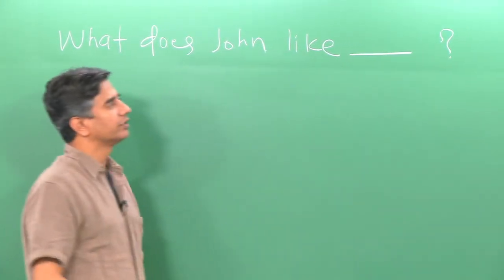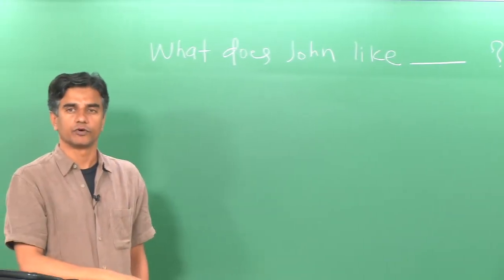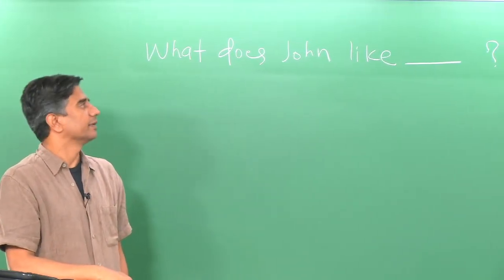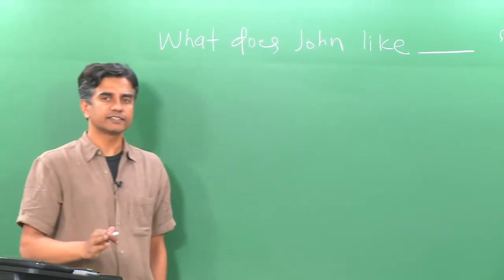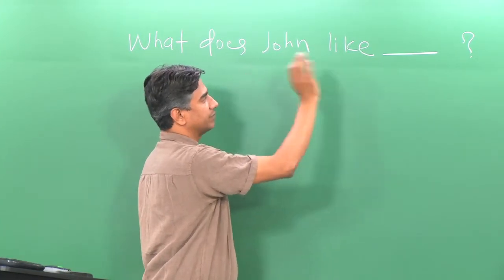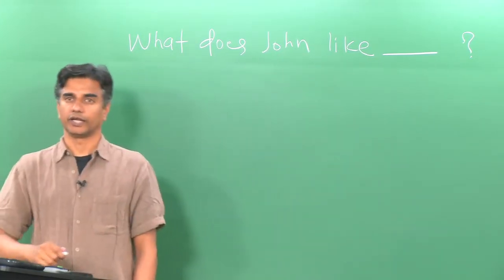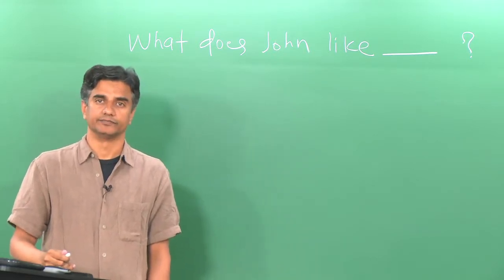We are leaving out the adjunct for the purpose of simplicity, for us to understand displacement. We have an affirmative sentence, John likes pizza.